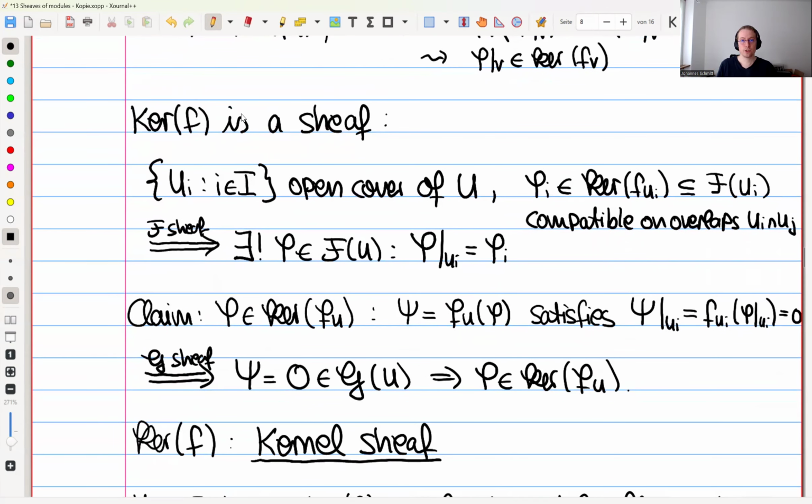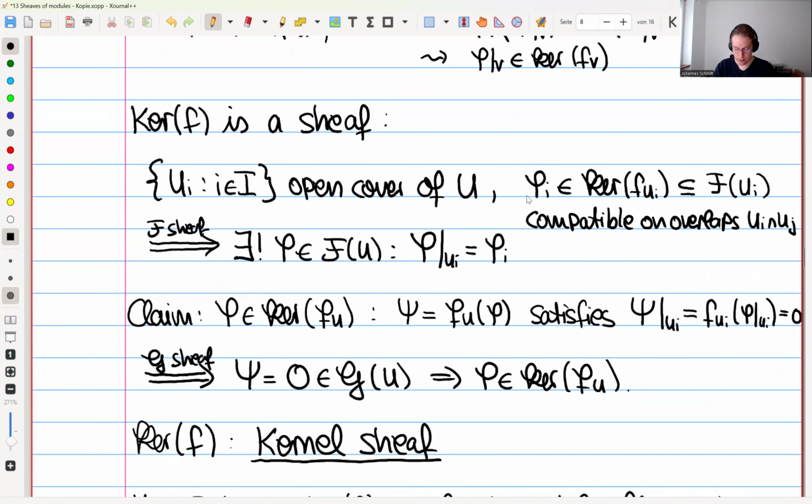So what we need to check for being a sheaf is that if we have any open cover of some open set U, and we have sections of this kernel sheaf on each of the elements of the cover, on each of the U_i, which are compatible on the overlaps, then they glue together to a section of the kernel sheaf on U.